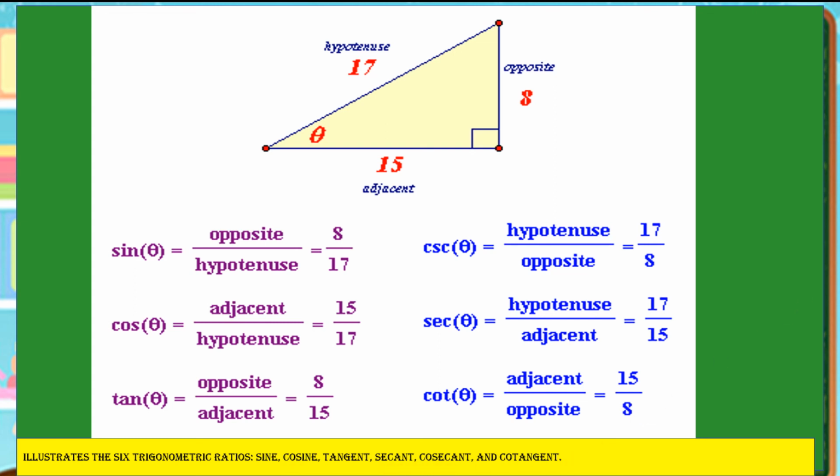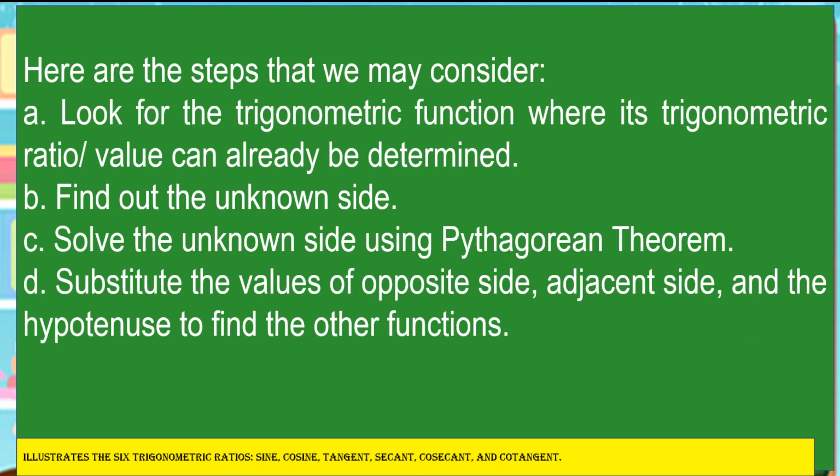So, for more information, here are the steps that we may consider in looking for the trigonometric function or ratio. Letter A, look for the trigonometric function whose ratio or value can already be determined.